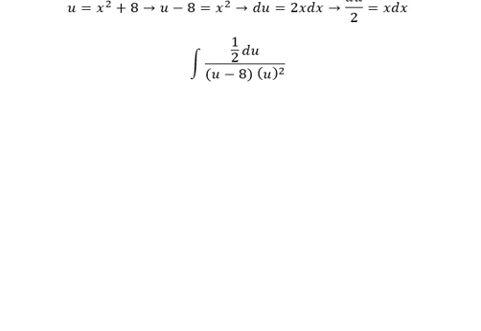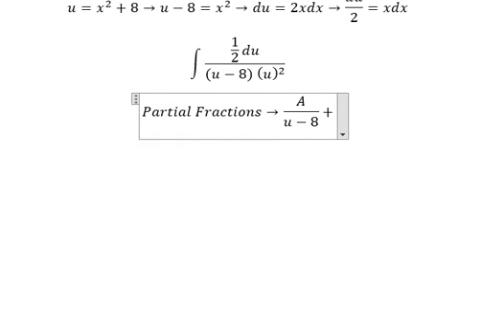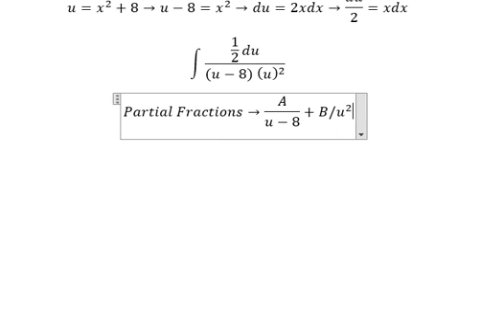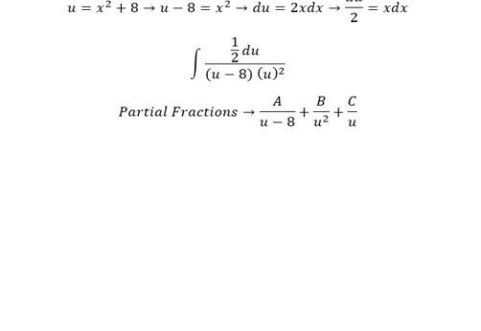Now we can use partial fractions. So I will put capital A over u minus a, capital B over u squared, capital C over u. Next, we do common denominator.